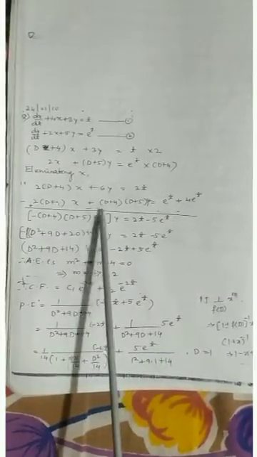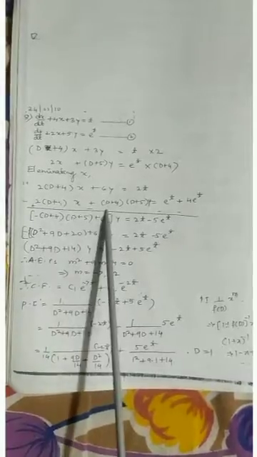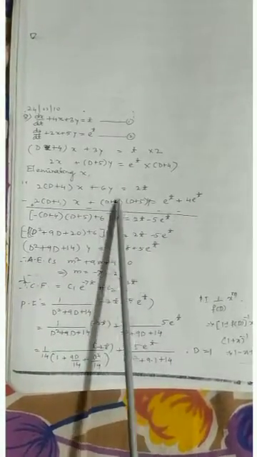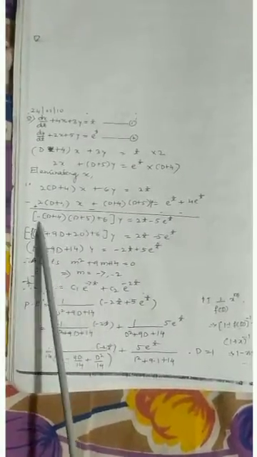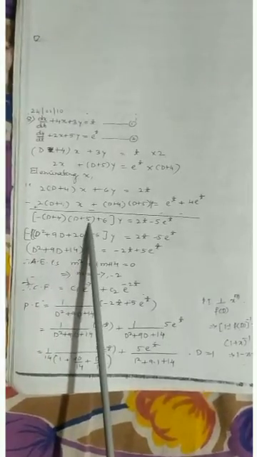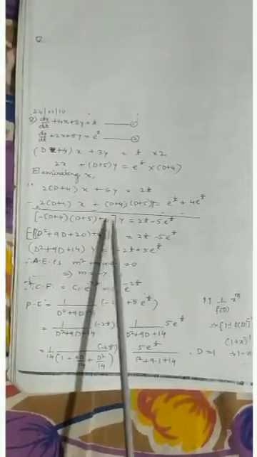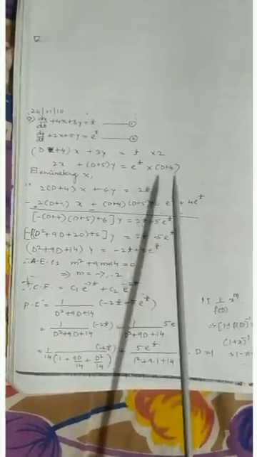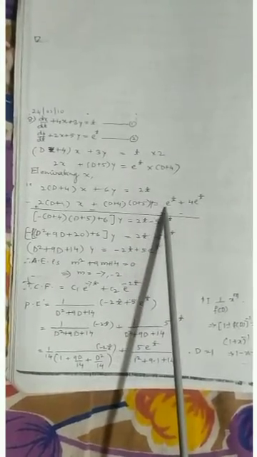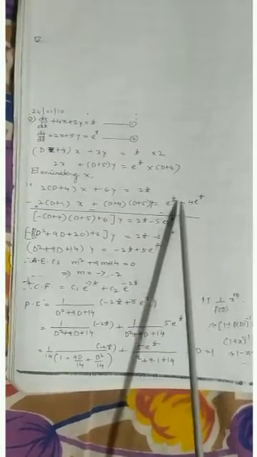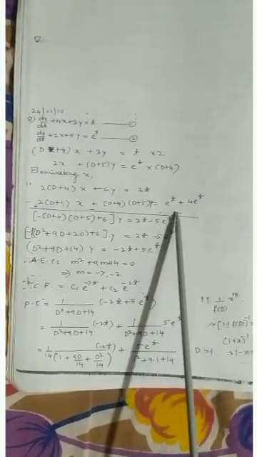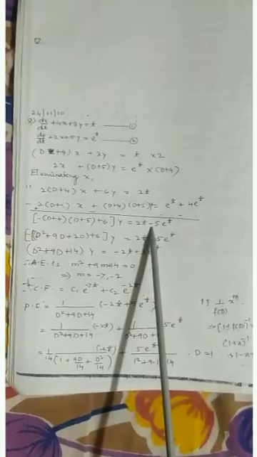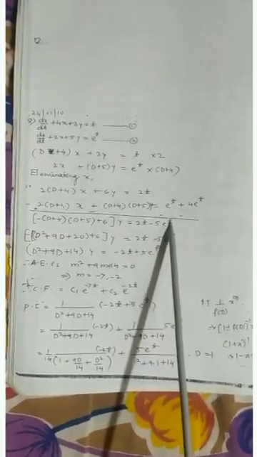The remaining terms: I am taking the first term as D because there are two terms and D is a derivative. So we get (D + 4)(D + 5) minus 6, into y, equals 2t. Here e to the power t plus 4 e to the power t is 5 e to the power t, and the sign is minus, that's why we get minus 5 e to the power t.